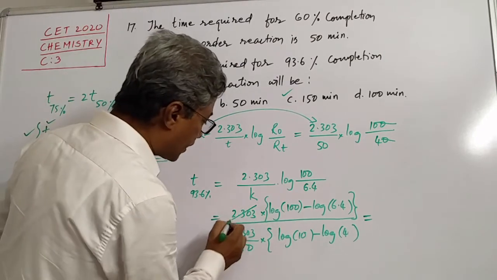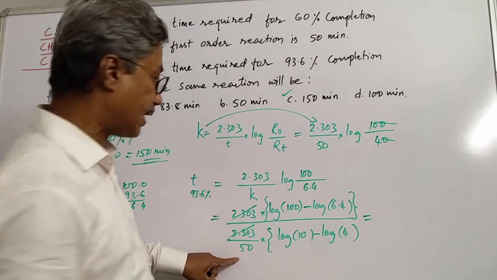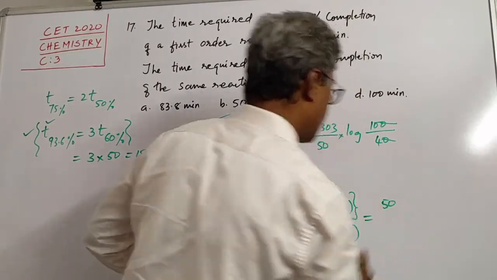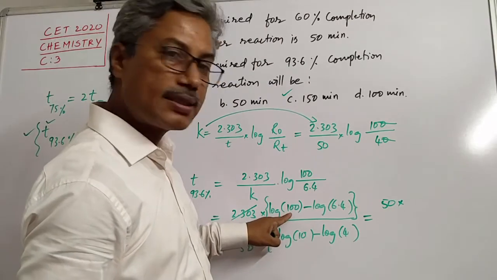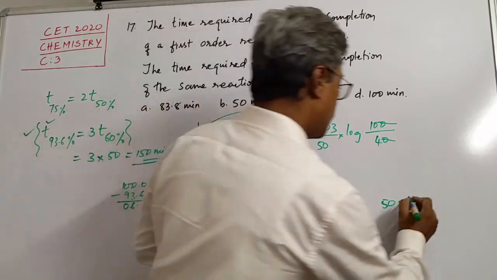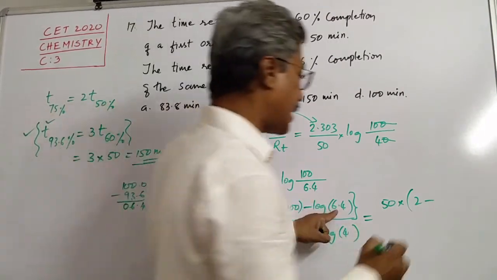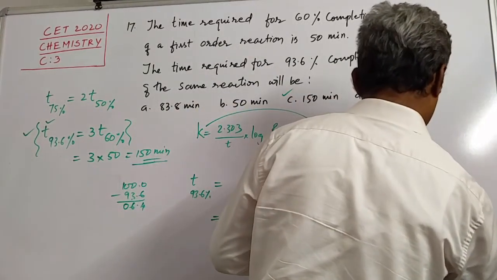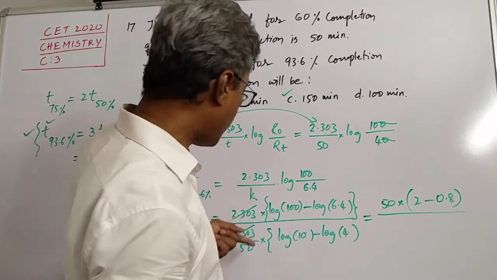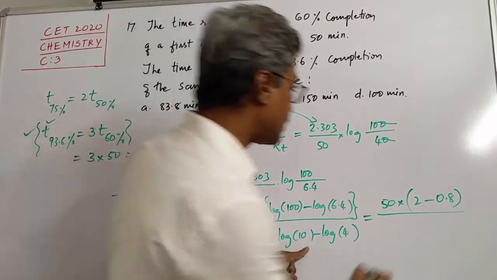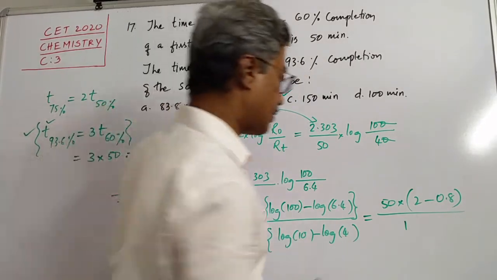Here, 2.303 and 2.303 get cancelled. This is 1 by 50 into, see students here, log 100 is 2. This is 2 minus log of 6.4, which is 0.8, divided by log 10, which is 1, minus log 4, which is 0.6.